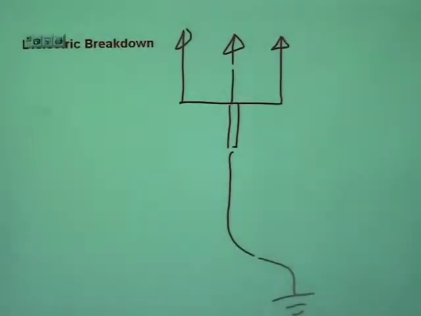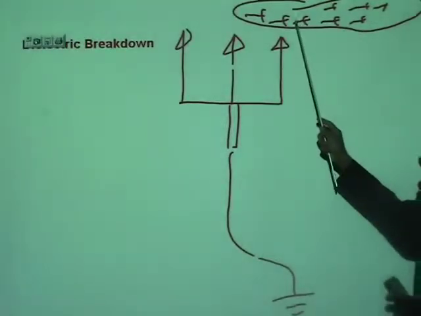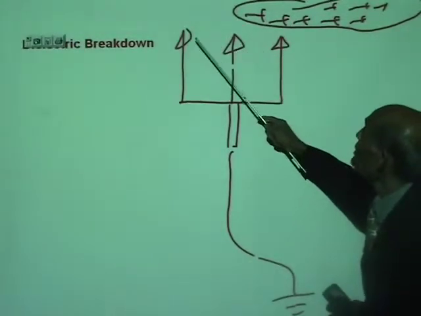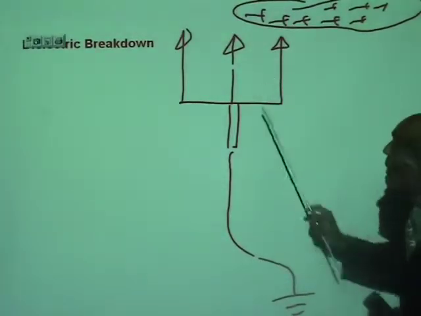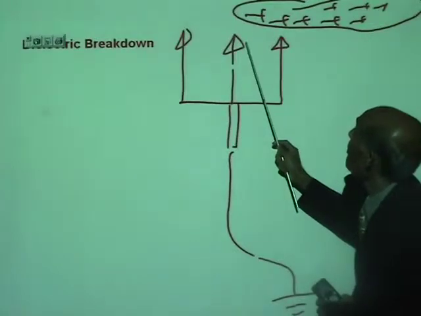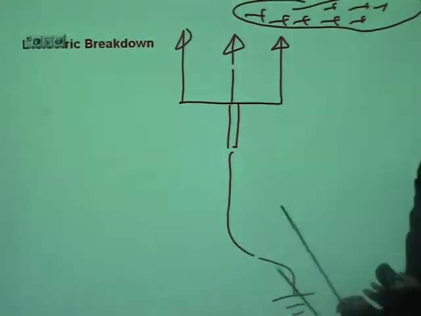Now what happens is, if there is a big cloud build-up, and inside the cloud, let's say there are lots of positive charges. Now, the presence of these positive charges on the cloud will make all negative charges go down to the earth, and an accumulation of positive charges at the pointed ends. You understand that?